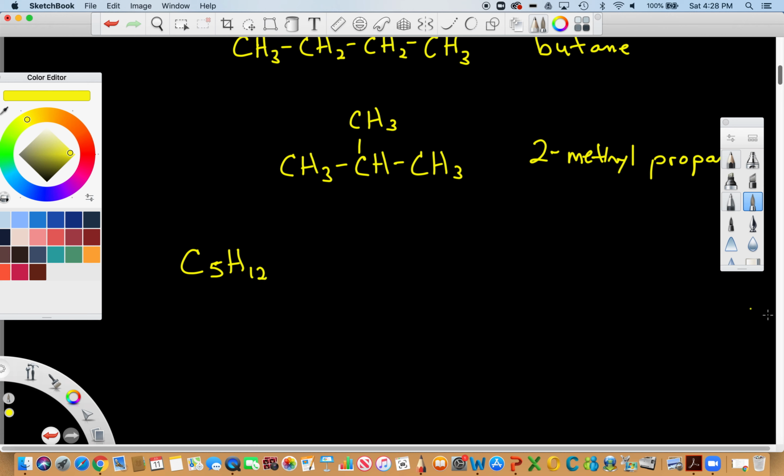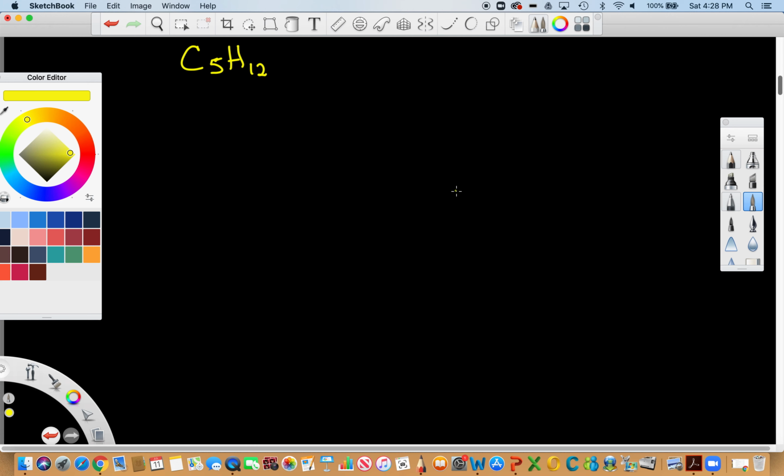So if we did C5H12, there's 5 carbons and there should be 12 hydrogens. This is pentane. We'll get used to naming some compounds.